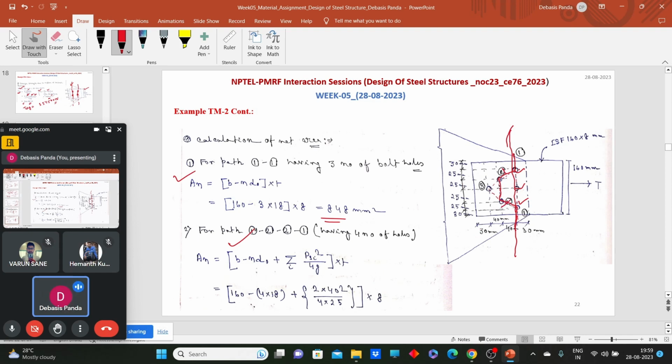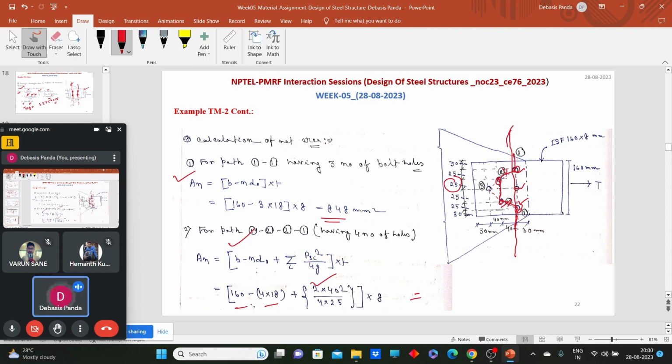And how many bolt holes are there? 1, 2, 3, 4 bolt holes are there. So 160 minus 4 into 18 plus summation of p_s square, and there are two, so 2 into 40 square divided by 4 into g. What is the gauge distance here? The gauge distance is already provided, 25. So you can calculate the net area along path 1-2-2-1.